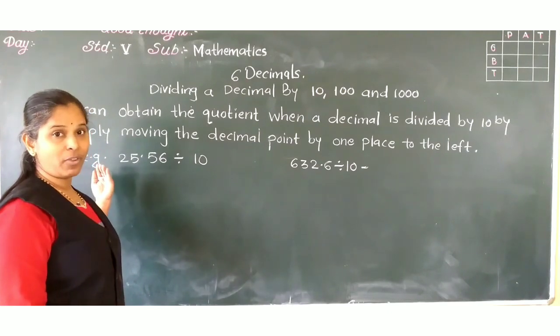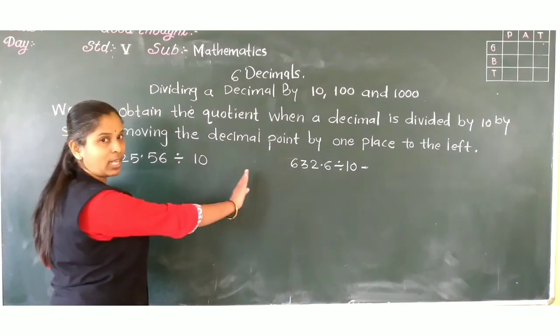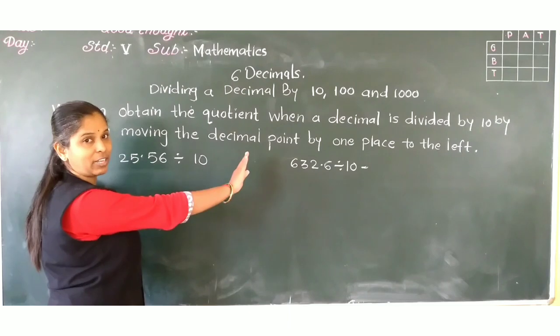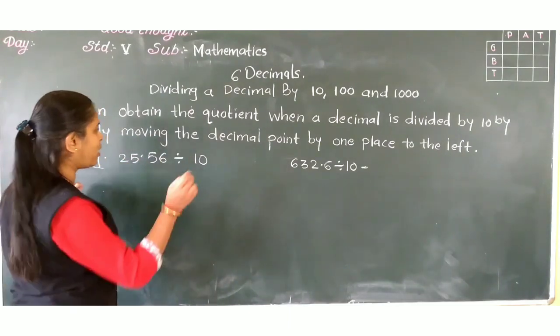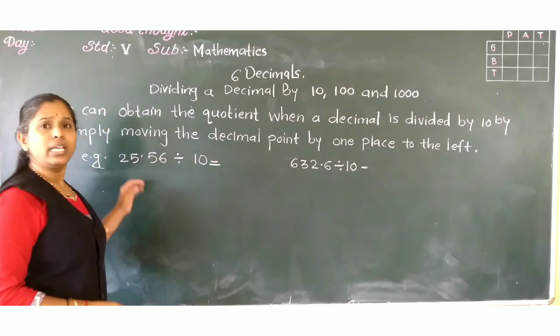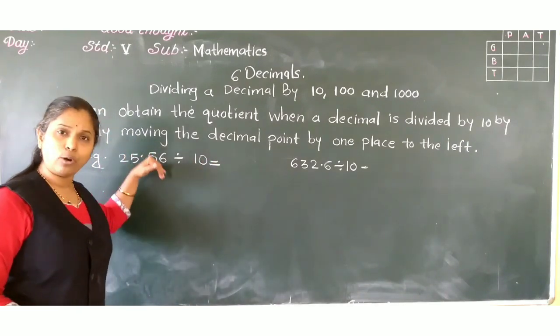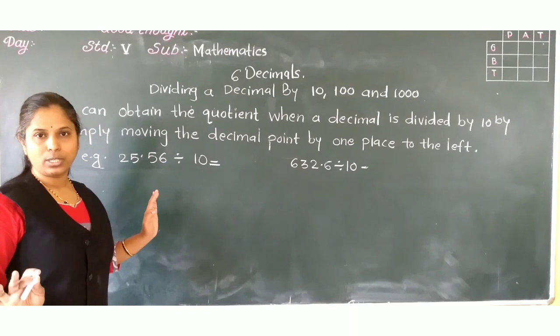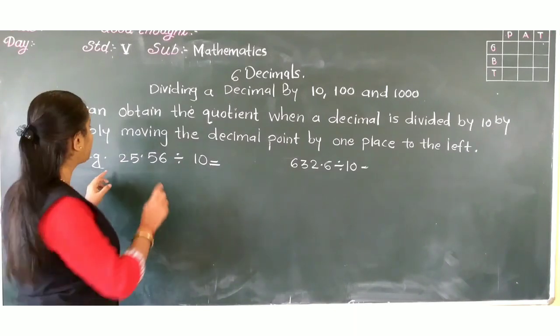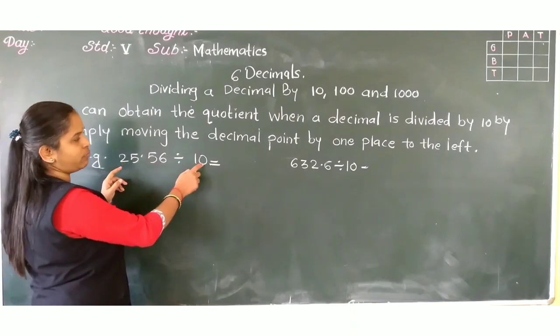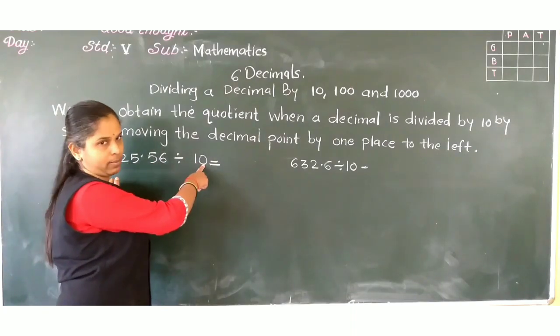In multiplication, what were we doing? We were shifting to which side? Right side. And here we have to shift to the left side. Now see, for example, is it necessary to carry out actual division here? No. What do we have to do? We have to just shift the decimal. See here. Now 25.56. I am going to divide it by 10.